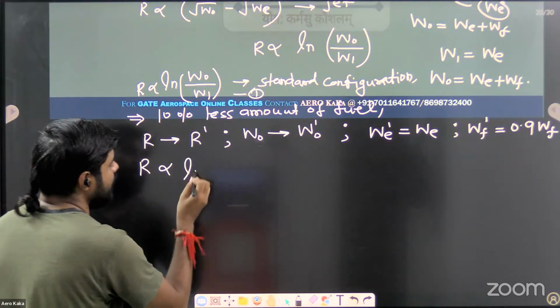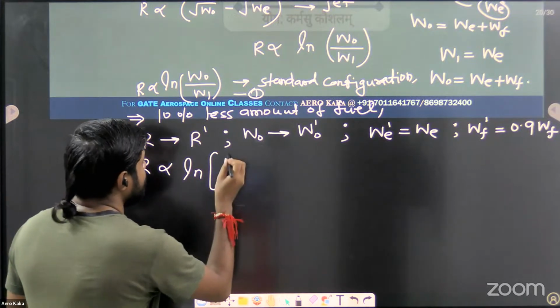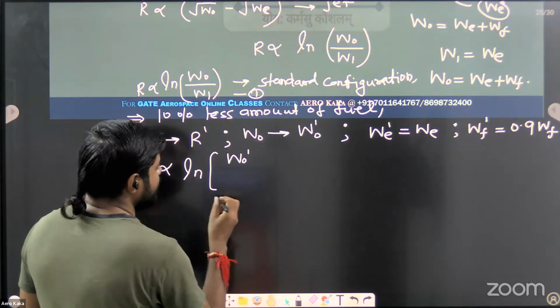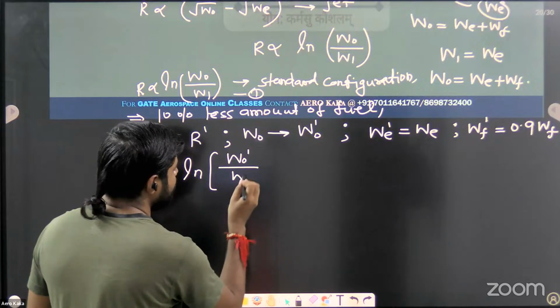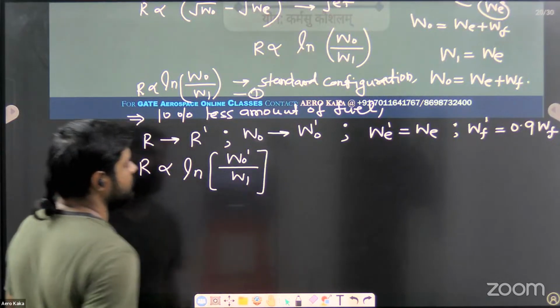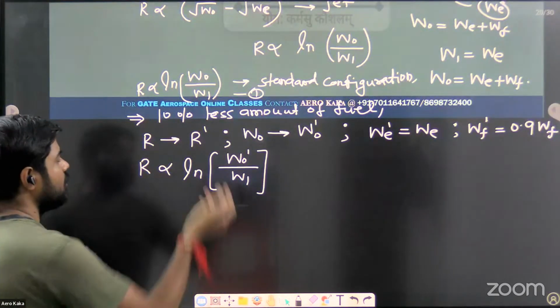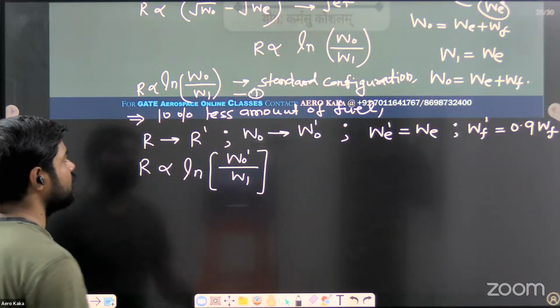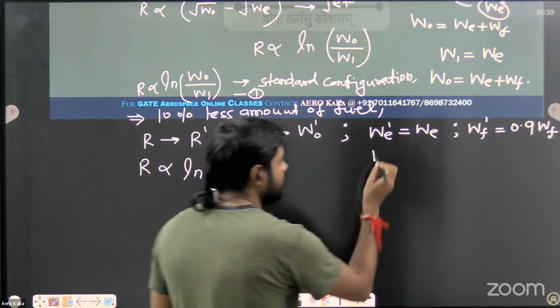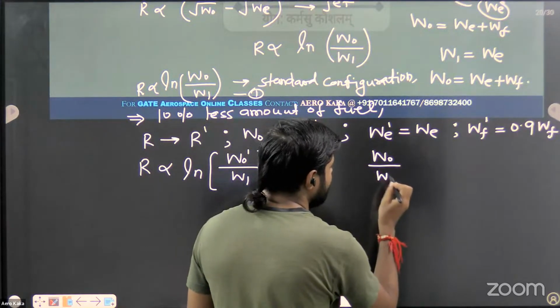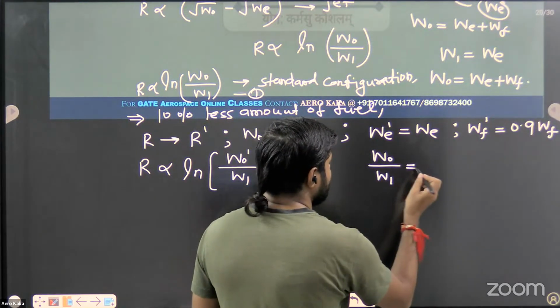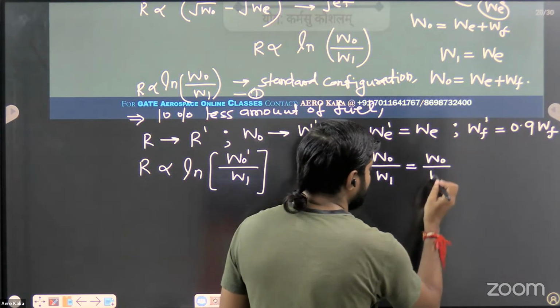R is proportional to ln of how much? W0 prime divided by W1. Say yes or no. If you want to write in ratio form, you can, no issue at all. So what is the value W0 upon W1? Or you can take this W0 upon WE.